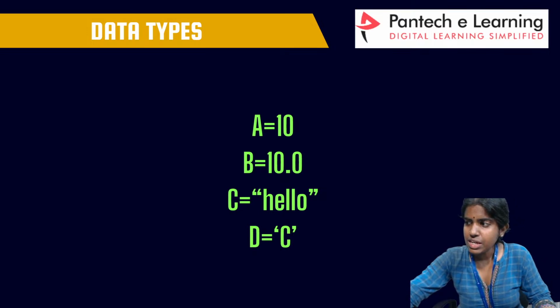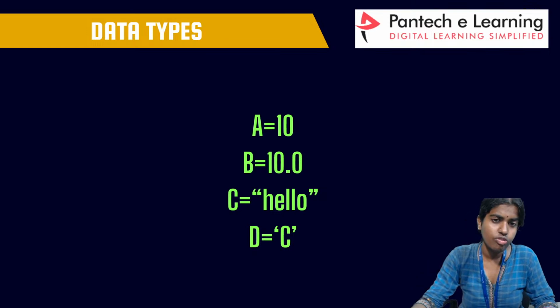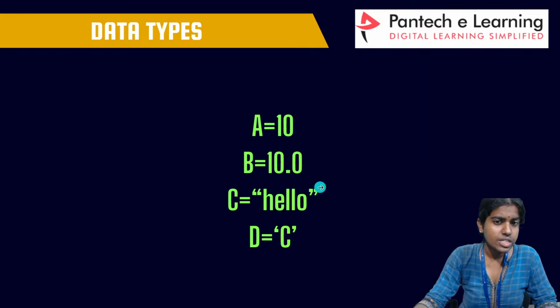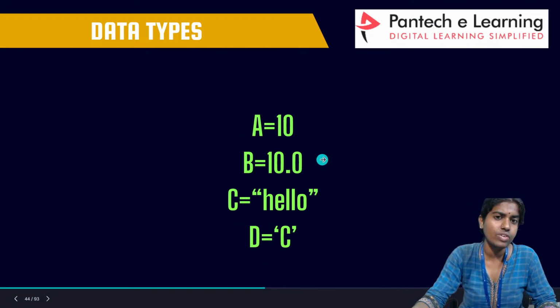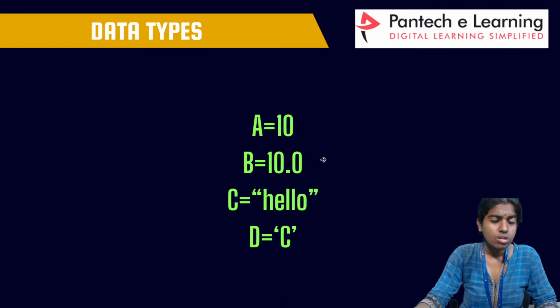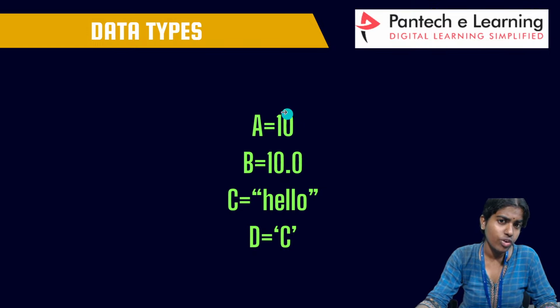Firstly, you can go for integer data type, or you can go for floating point type, string data type, or character constant. All these are the different data types that are available in Python language. For example, if I want to store the age of the student, I can go for different data types.